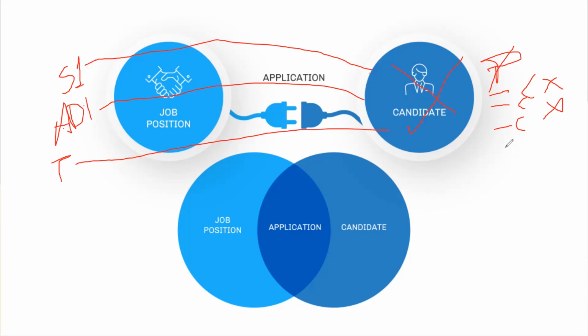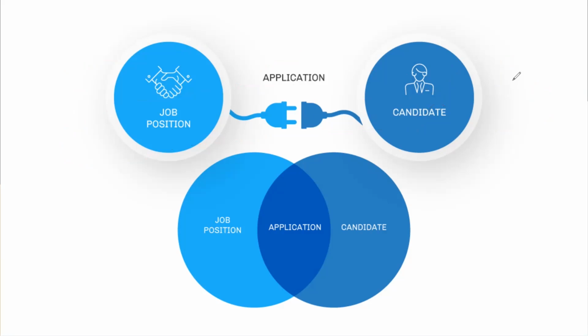Now here in this case, what are the child objects? Applications. Let me tell you. This candidate is one parent. This job posting is one parent. Now, this candidate has applied for one application, and the application ID, let us say, is A01. Then this candidate again applied to the second job, the other job, and the ID of the application is A02.